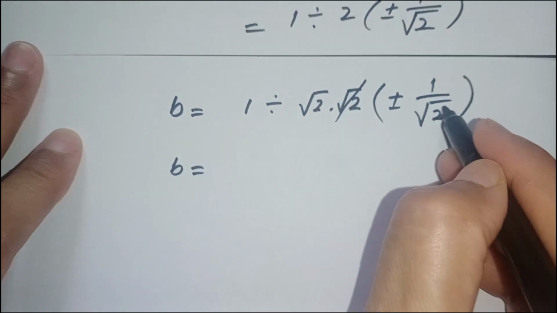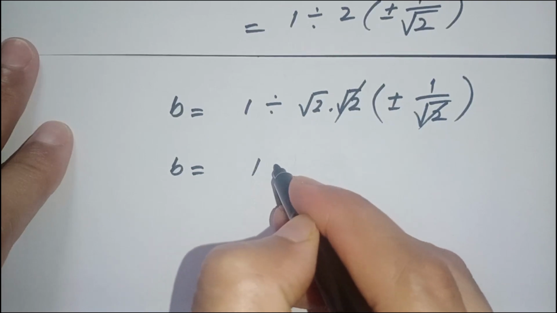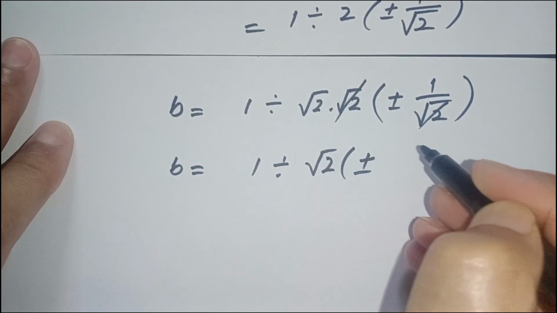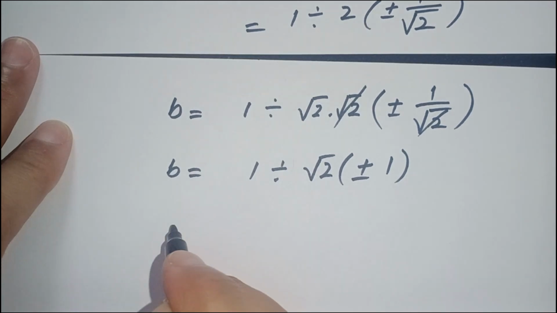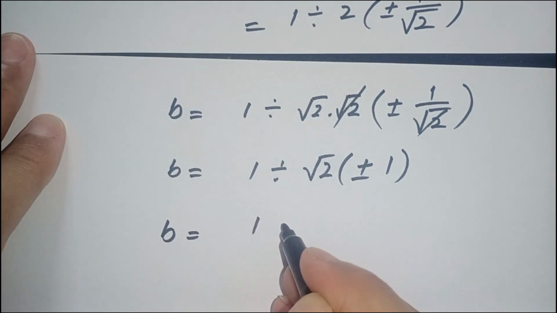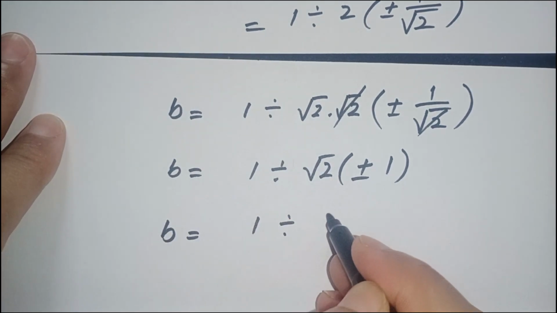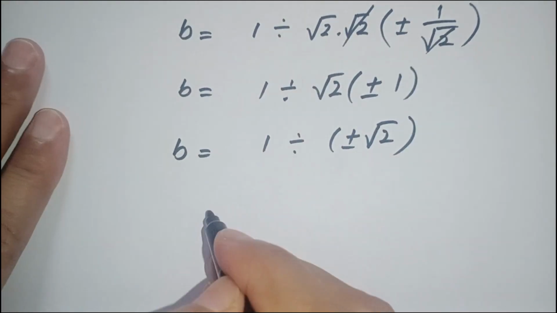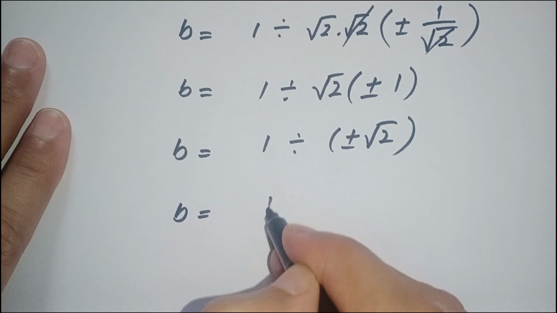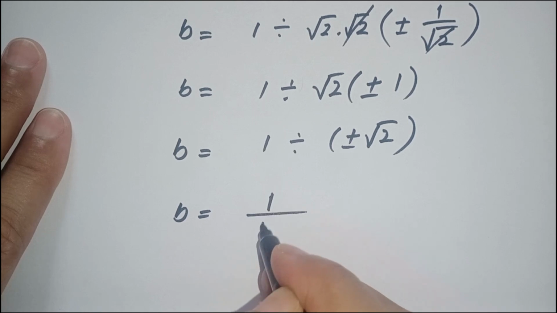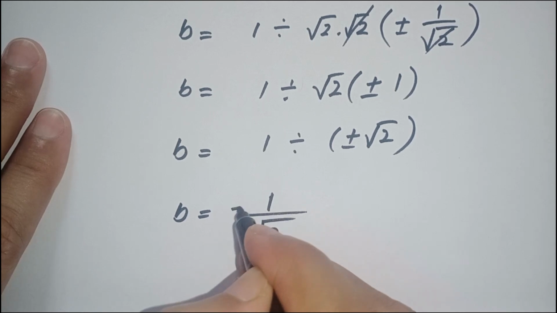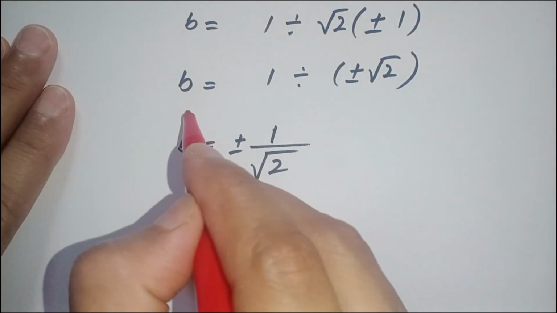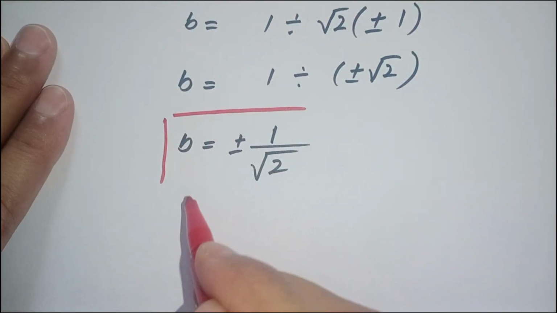So b is equal to 1, and square root 2 will cancel out with the square root 2. We will be left with square root 2 times plus or minus 1. So we can write b is equal to 1 divided by plus or minus square root 2, which is plus or minus 1 over square root 2. So it is the final value of b now.